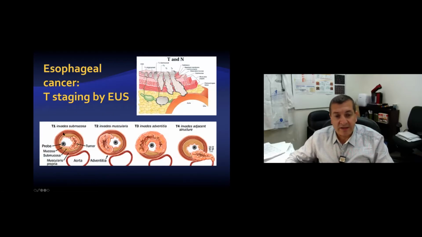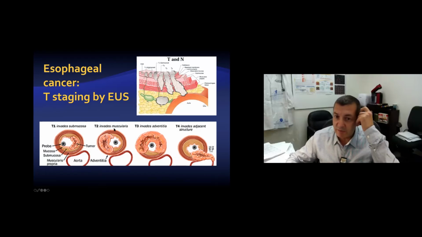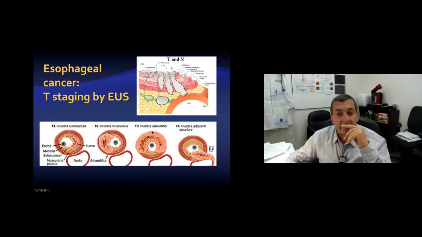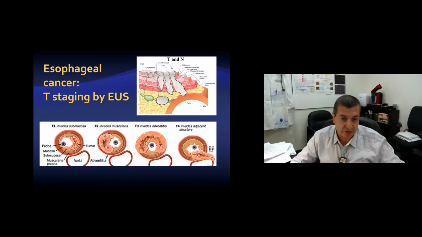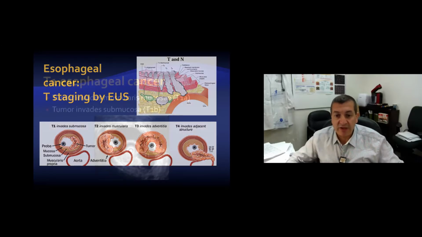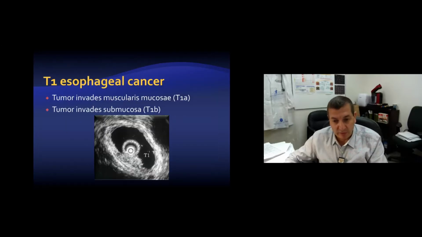So what are these stages? They are T1 when it invades the submucosa, T2 when it invades the muscularis propria, T3 when it invades the adventitia, and T4 when it invades surrounding or adjacent structures. So these are examples of how EUS will look.